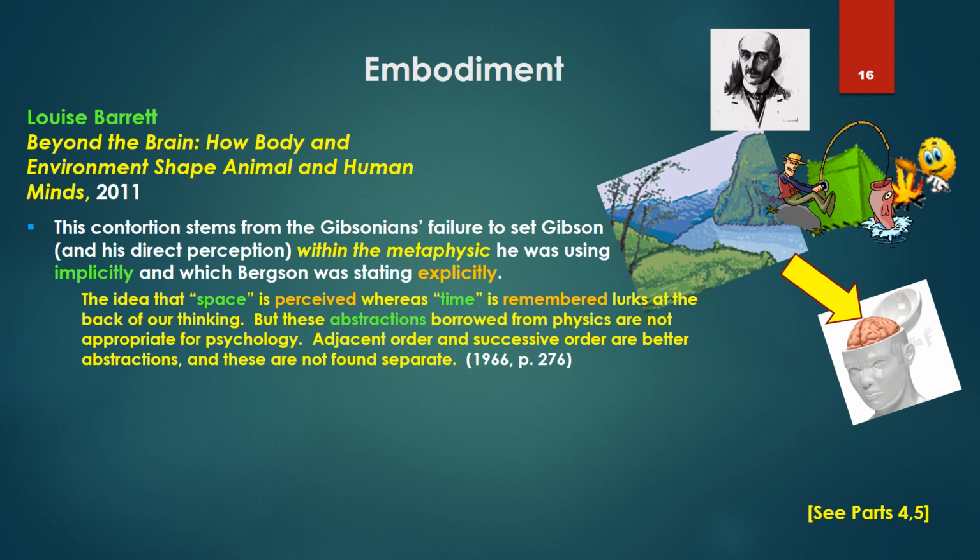But these abstractions borrowed from physics, namely the classic metaphysic which physics works in, are not appropriate for psychology. Adjacent order and successive order are better abstractions, and these are not found separate. So one has to think about this little concept for a second, this quote. But time remembered, space perceived.